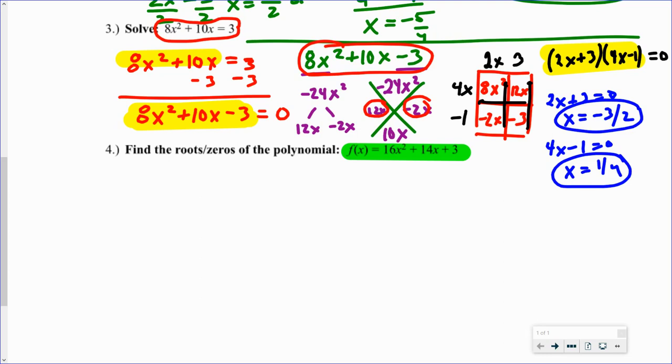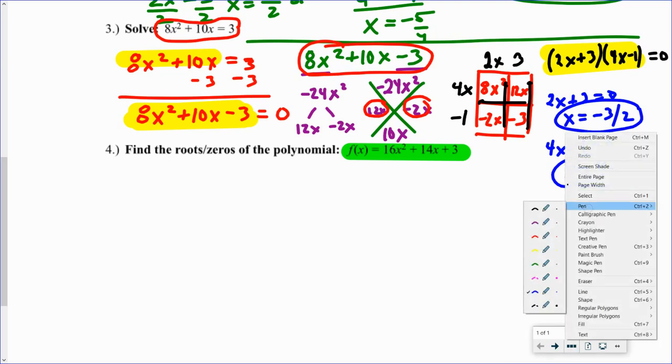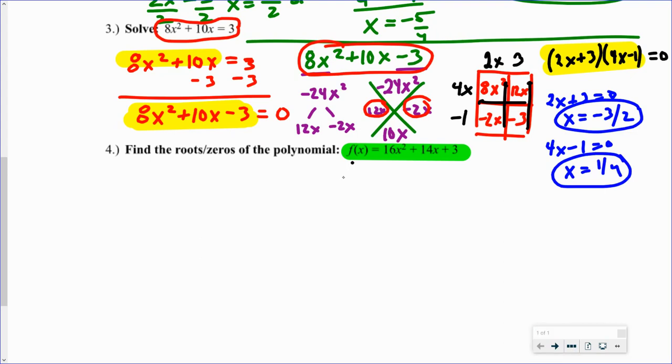The way that we do that is we set our function value, which is really the y-coordinate, or the set of all y-coordinates of every point that's on the graph, equal to 0, because all x-intercepts have a y-coordinate of 0. So let's take 16x squared plus 14x plus 3 and set that equal to 0.